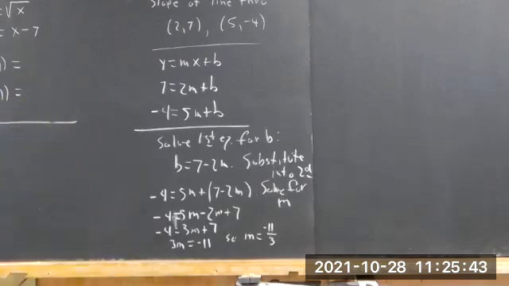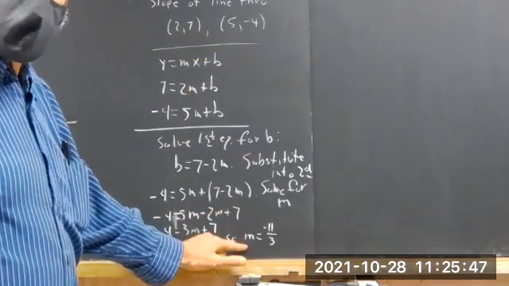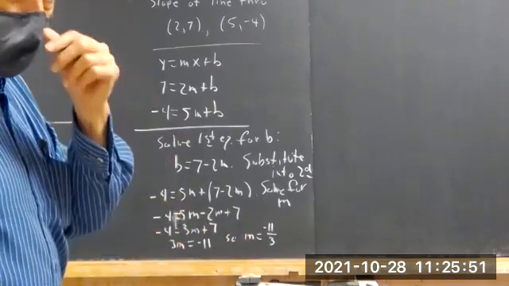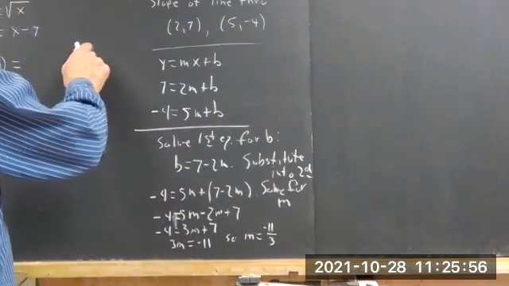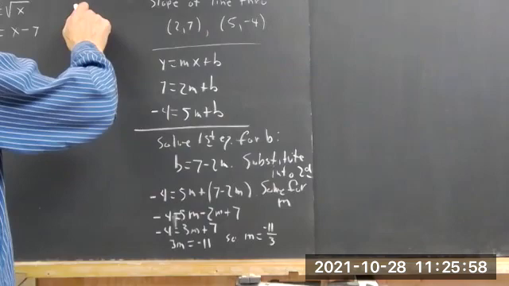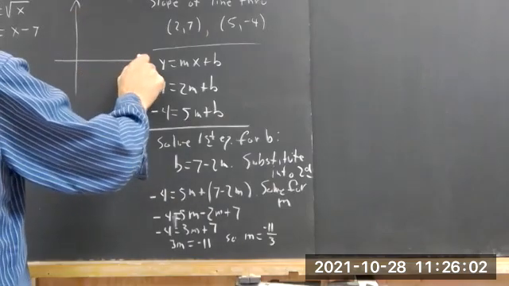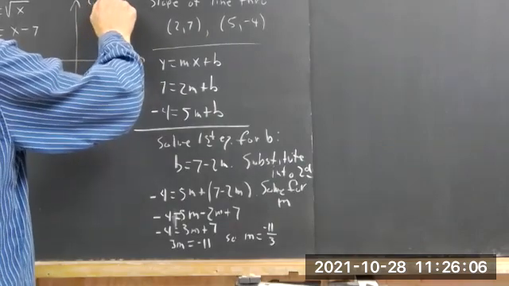Now let me point out that we can find the slope, and we don't have to go through this to find the slope, although this is easy enough. We can sketch a graph. And so here's the point 2,7.